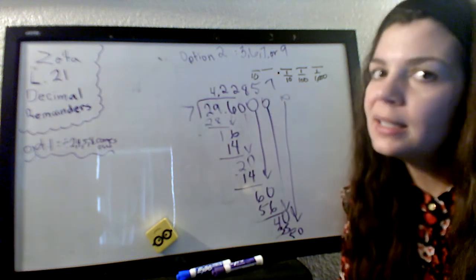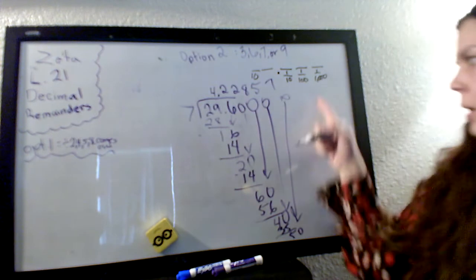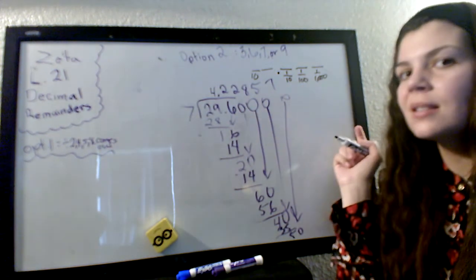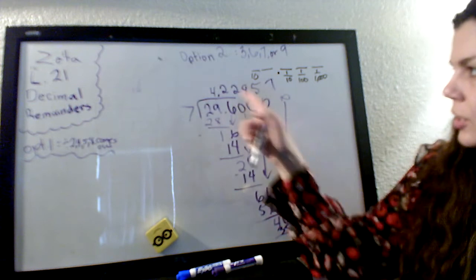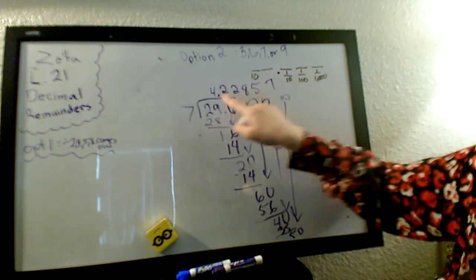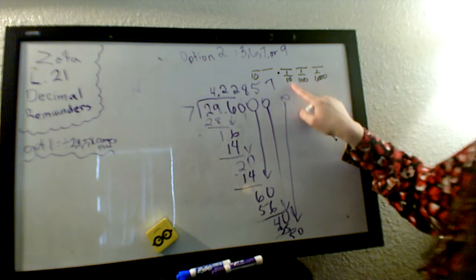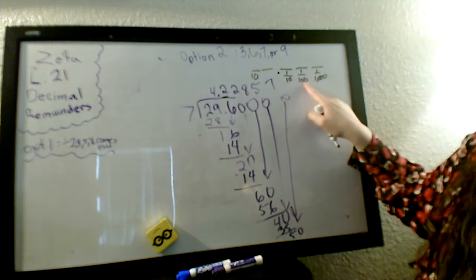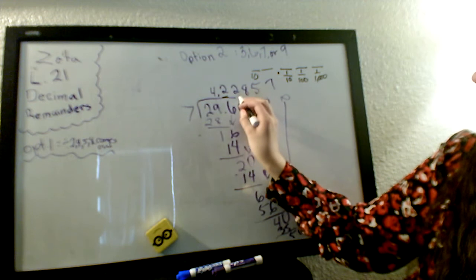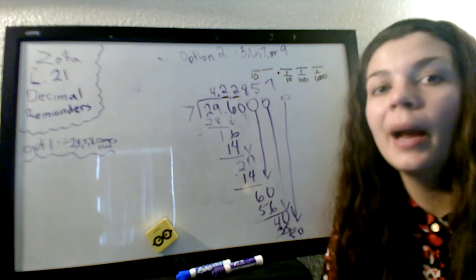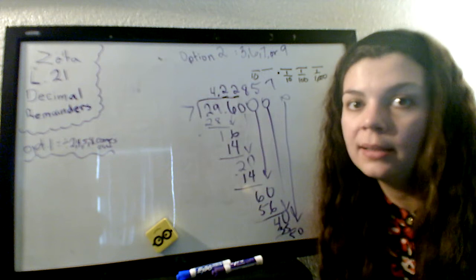Not a tens place, tenths place. Tenths place, hundredths place, thousandths place. All right, so if I look right here, here's my point. Here's the tenths place. Here's the hundredths place. So what they're asking us to do is round the hundredths place.